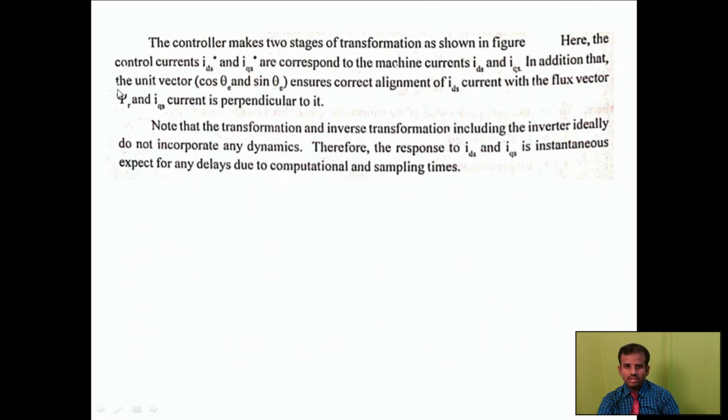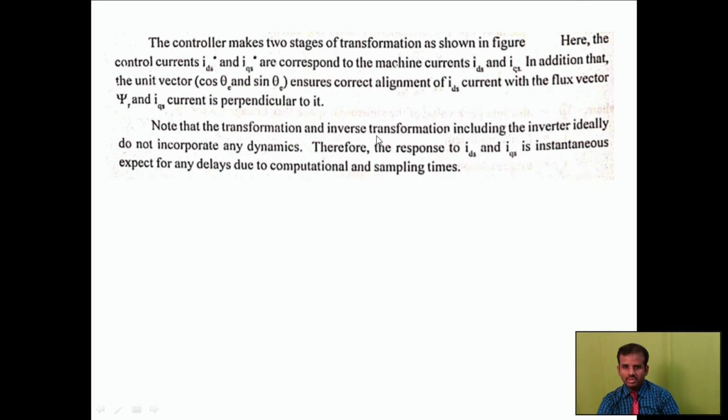So the control currents IDS star and IQS star correspond to the machine currents IDS and IQS. In addition to that, we have to include the unit vector, that is cos theta e and sin theta e. These two components are the unit vector components, which ensure the correct alignment of the IDS current with the flux vector and the IQS current perpendicular to it.